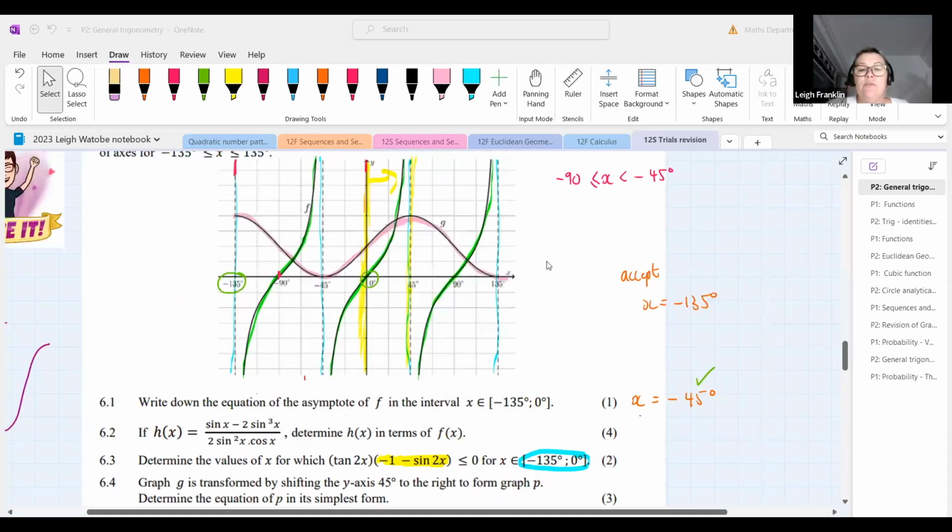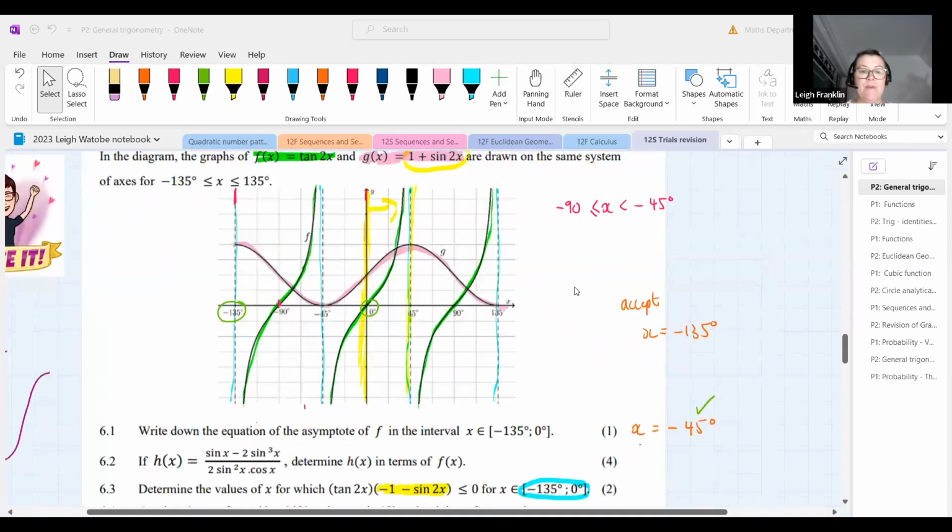Okay, and the suggestion there, who said it, shifted to the left, Zanandi, is correct. It would seem as though the graph has shifted to the left if the axes moved to the right. So if we take a graph and we shift it 45 degrees to the left-hand side, then we would need to add 45 degrees, or the value inside the bracket would be plus 45.